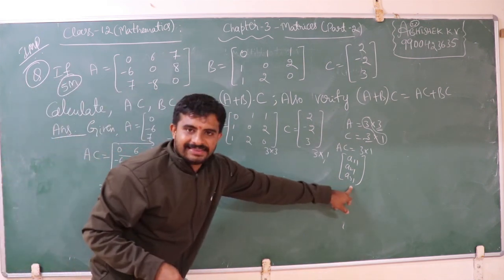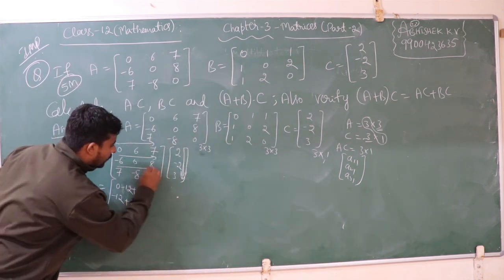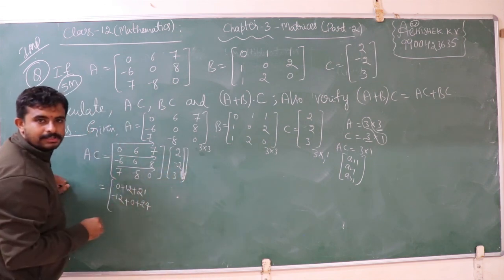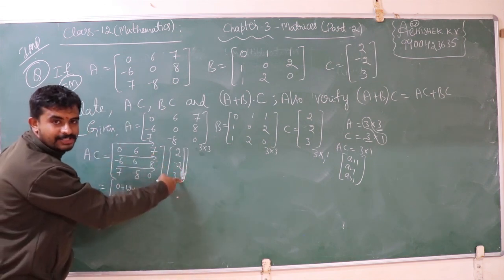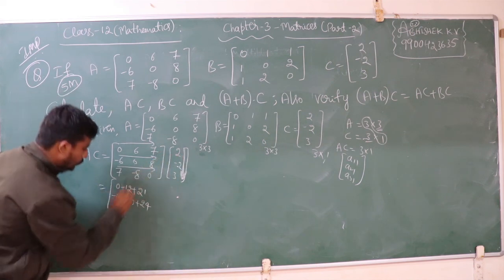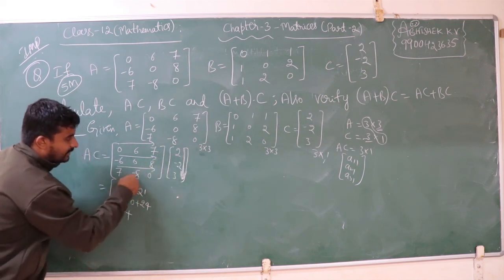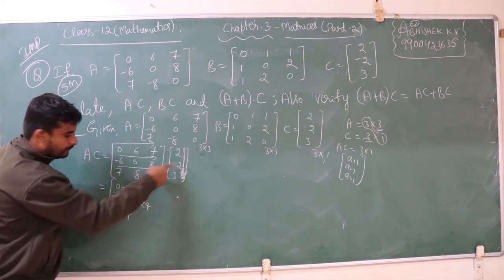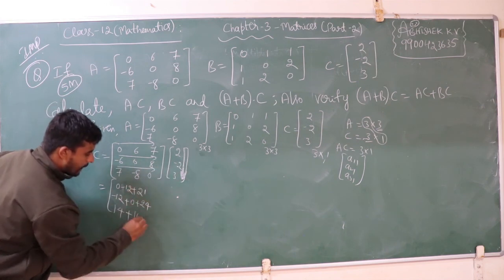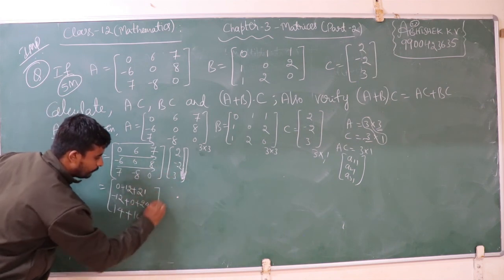Again, to get A31, the third row of matrix A and the first column: 7 into 2, 14, plus minus into minus, plus 8 into 2, 16, plus 0 into 3, 0.